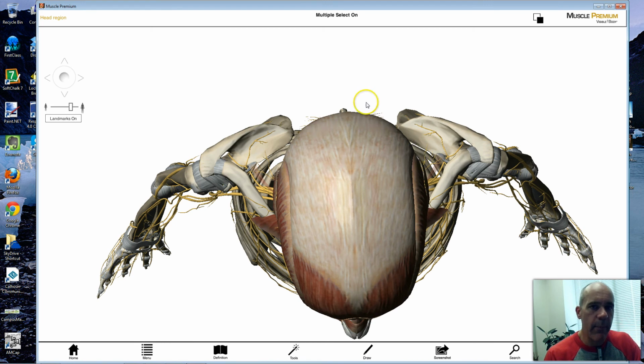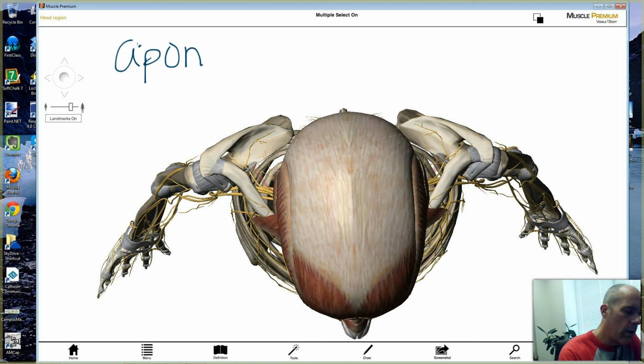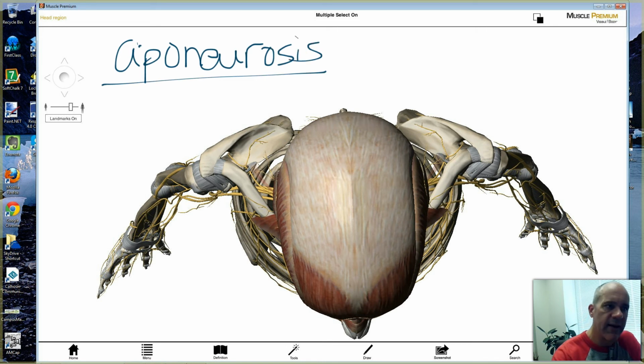That is an aponeurosis, if you haven't seen that yet from over on the physiology side. An aponeurosis is a flat sheet of dense regular connective tissue which helps attach muscles to bones. Aponeuroses is plural, and it's kind of like a flat tendon that's just ironed out and very flat.